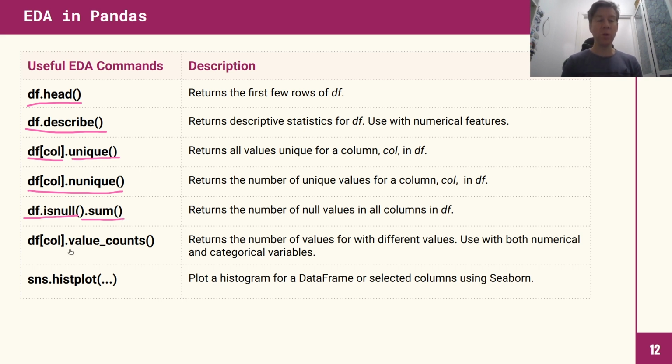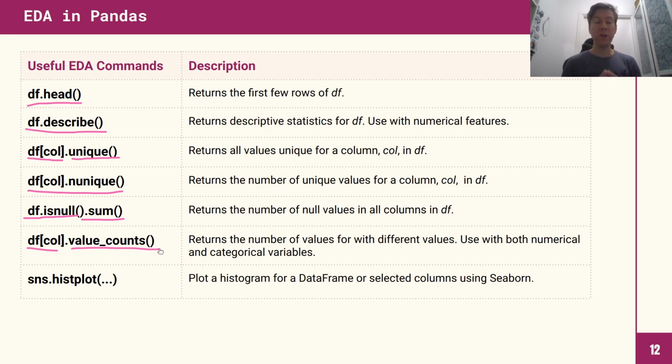You might also want to know within a given column how many different values there are, and this works with both numerical and categorical features. For example, in our credit card fraud example, we might call value_counts on the fraud column, and it'll say we have 1 million transactions that are not fraud, but 1,000 transactions that are suspected of being fraud.